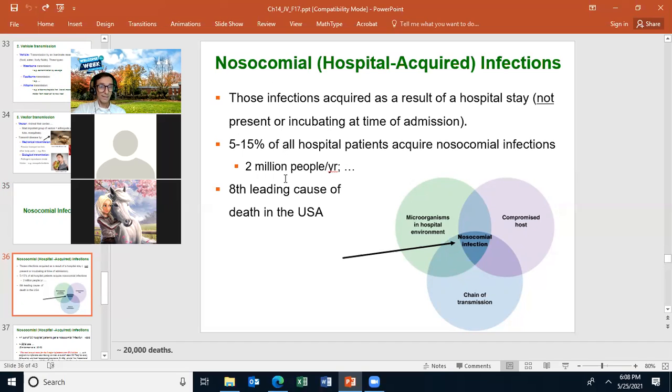It is the 8th leading cause of death in the United States, or at least it used to be. Nosocomial infections have been decreasing, I'm happy to say, since the textbook was written.